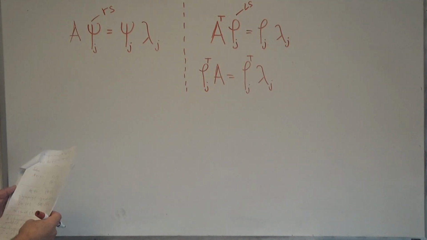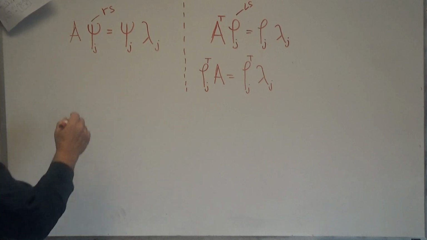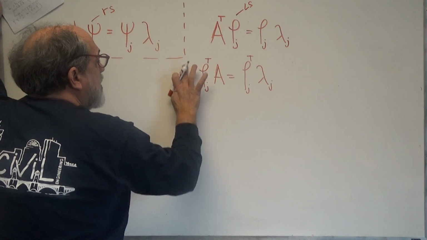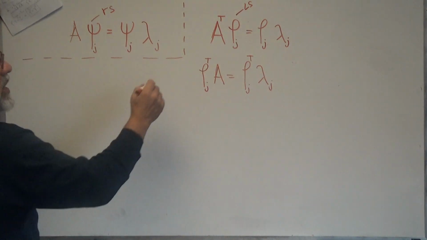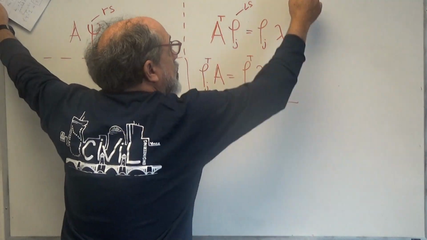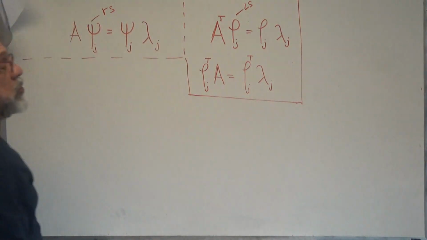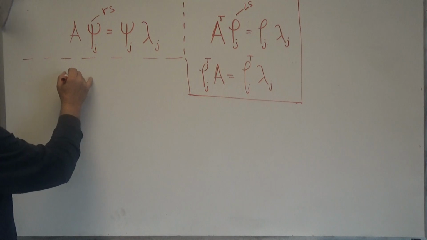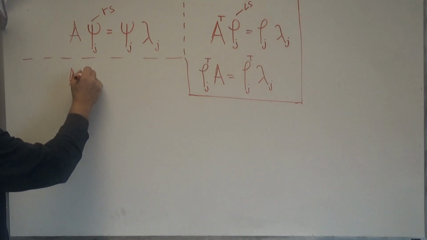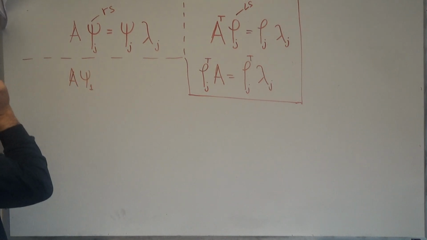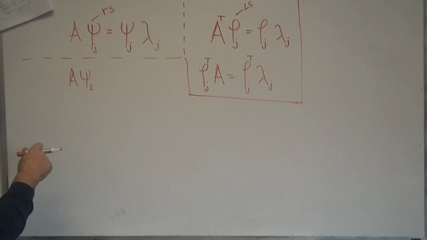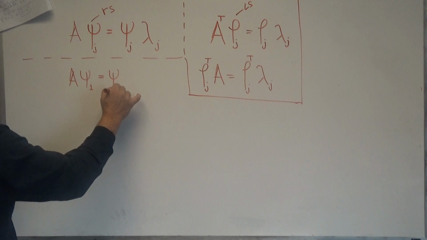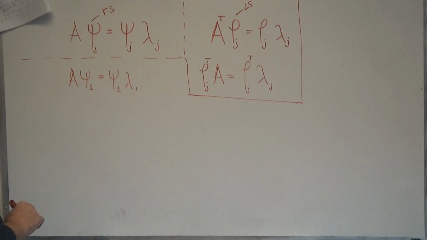Okay? Now, let's look at clarifying the relationship between the right side and the left side eigenvectors. I could use j and k, but I'm going to use 1 and 2 for subscripts because it's easier not to make a mistake. And it's easy to see that 1 and 2 could be j and k. So if I look at the particular case 1, I would have this.